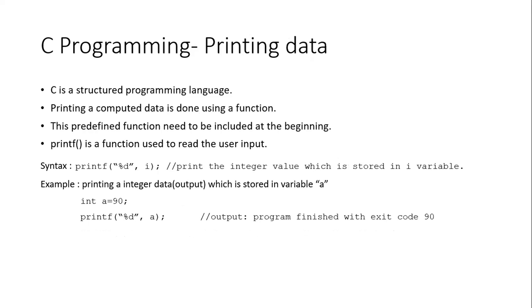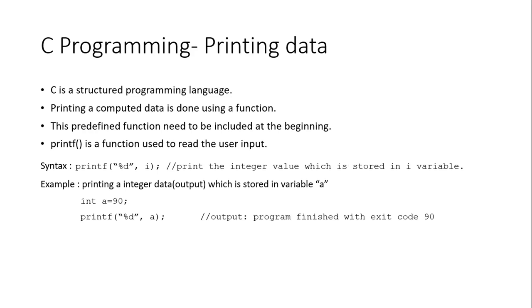For printing or displaying the data, we use a function called printf. The basic difference between printf and scanf is that we don't scan, we print it, we display it. But here also we have to specify from which variable you are printing the value and what type of value it is. For printing, the data should be stored in advance.